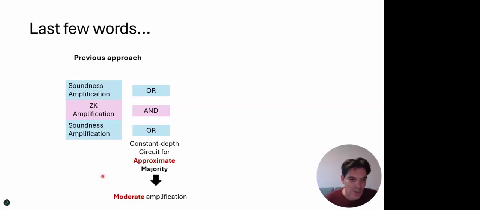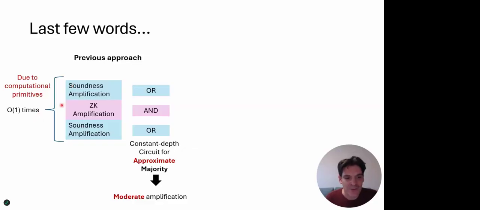Now, why do they have to do a constant number of layers? I mean, maybe you could do more than a constant number of layers. Well, the reason is that they use computational primitives, and therefore each layer had some computational blowup in the complexity. So they could afford only to apply it for a constant number of layers, and we know that with a constant number of layers, you can only compute approximate majority.